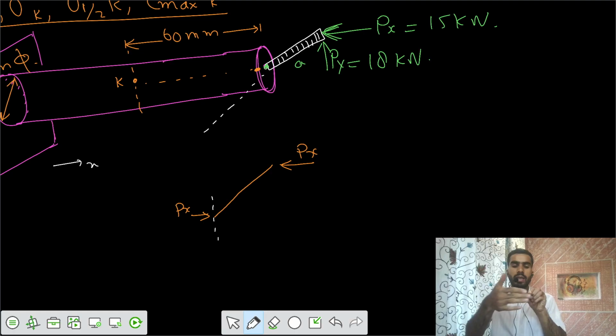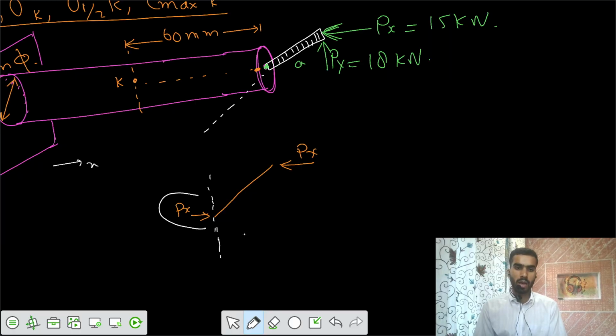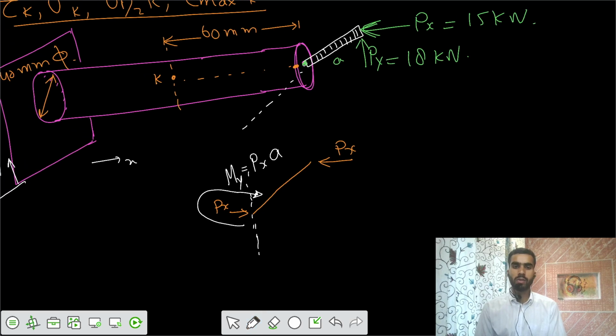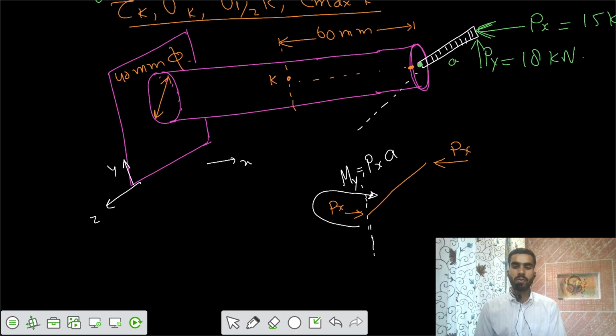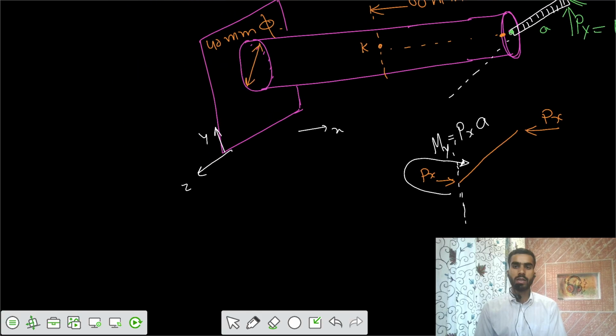It's trying to bend it about the vertical axis, the y axis. So a moment My is developed about the y axis, equal to Px into the lever arm a, so My equals Px times a.